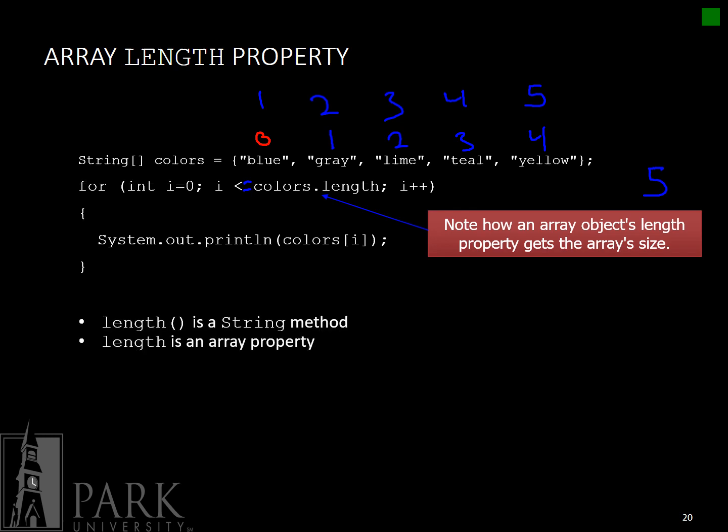Also, keep in mind, when we're dealing with strings, length is a method, so it has parentheses after it, whereas with an array, length is an attribute, so it doesn't have parentheses after it. It's an actual variable that just stores the value, whereas length on a string is a method that has to be called. So you'll probably make that mistake a couple times too. Remember the difference between them.